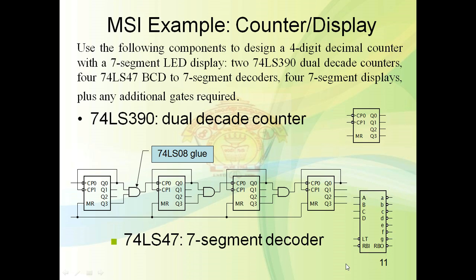This 7-segment decoder has 4 BCD inputs, then the outputs, and another input LT, the lamp test. When we make it 0, all the outputs go high, so that the 7-segment display glows. Other inputs are RBI and RBO.